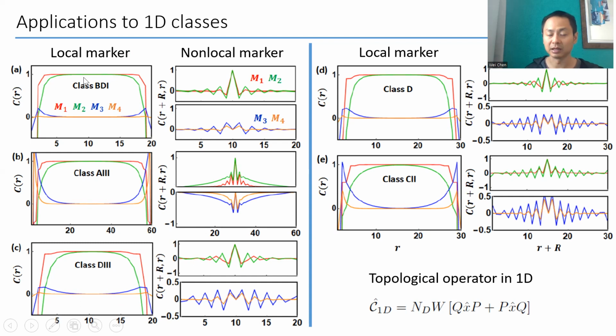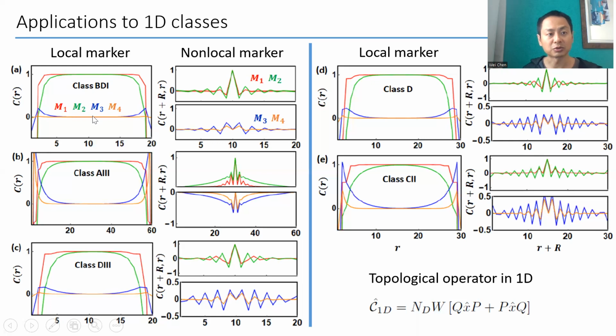Now, with this method using the Bianco and Resta formalism, it is known that because the position operator is not translationally invariant, you can get a very nice marker only deep inside the bulk. At the boundary, even though you use periodic boundary condition, you will still have some deviation. Nevertheless, deep inside the bulk, you do get a quantized integer.